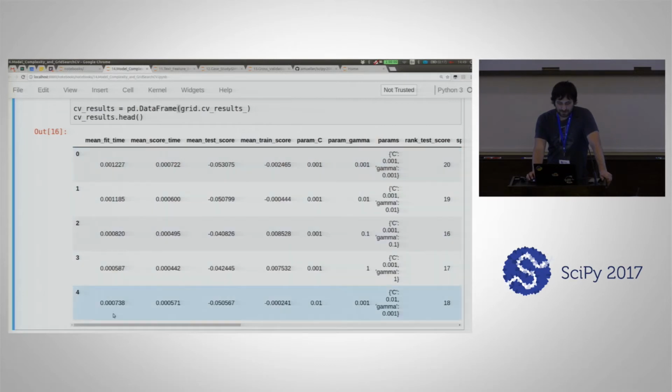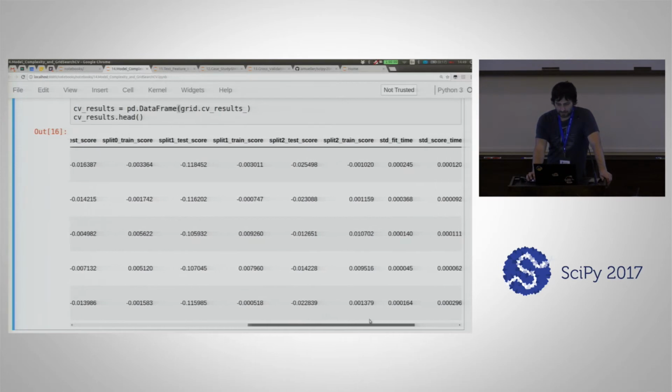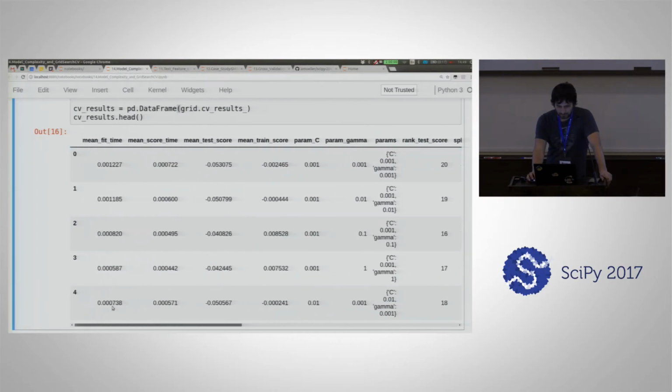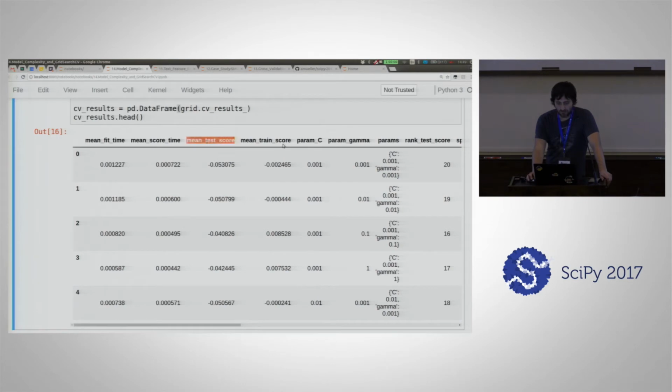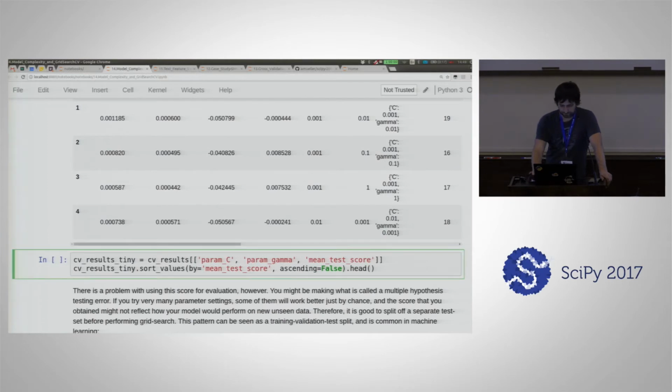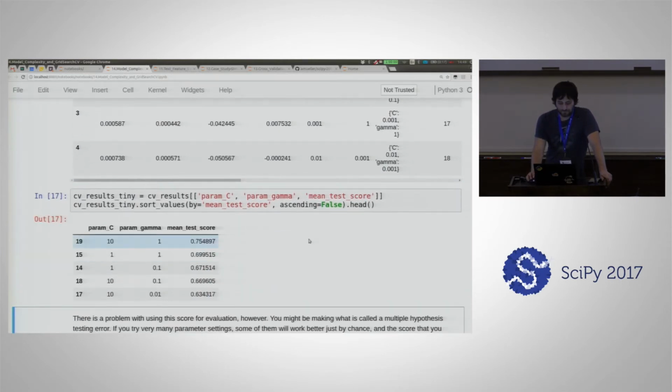And so you can see the scoring time and fit time and, where's the mean? Yeah, the mean test score and the mean training score, for example. And here we can look at the 5 samples that have the highest test score, if you're interested in the ones that have generally good parameter settings.